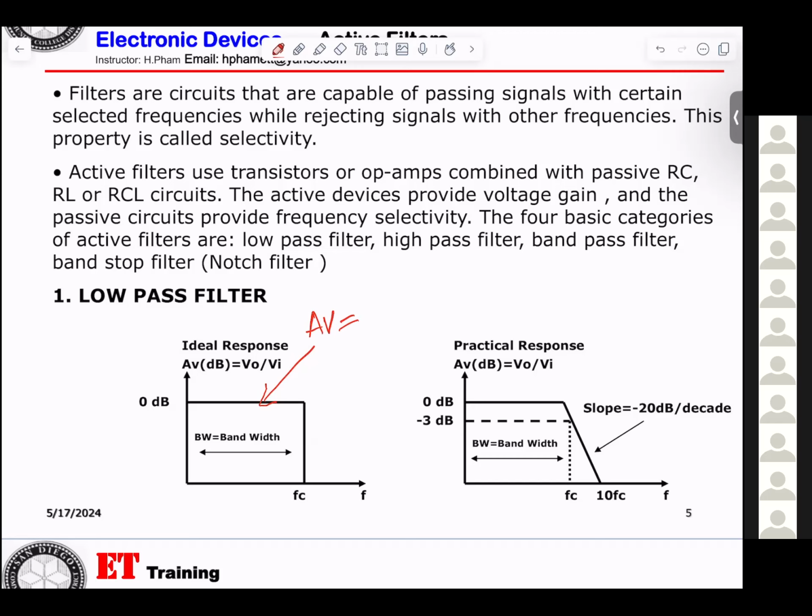So at that point, what does AV equal? Zero dB. I know. I say I don't want to talk about dB. You are not familiar with the decibel. I'm talking about a real number.